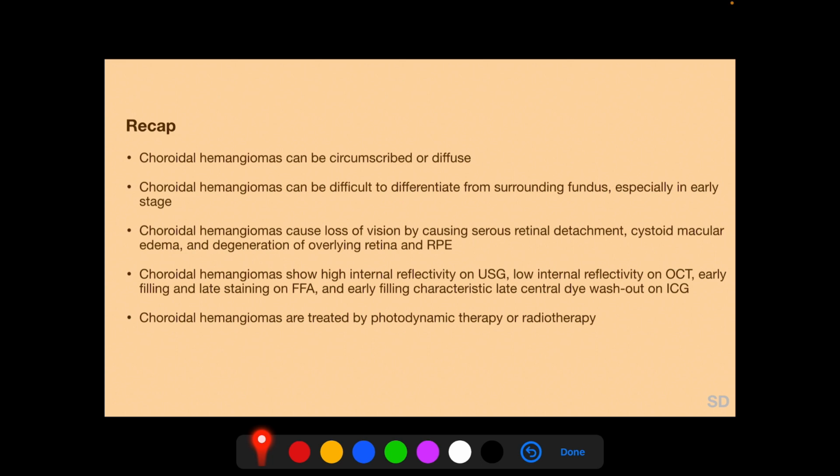Choroidal hemangiomas show high internal reflectivity on ultrasound, low internal reflectivity on OCT, early filling and late staining on fundus fluorescein angiography, and early filling followed by characteristic late central dye washout on indocyanine green angiography. Choroidal hemangiomas can be treated by photodynamic therapy or radiotherapy.